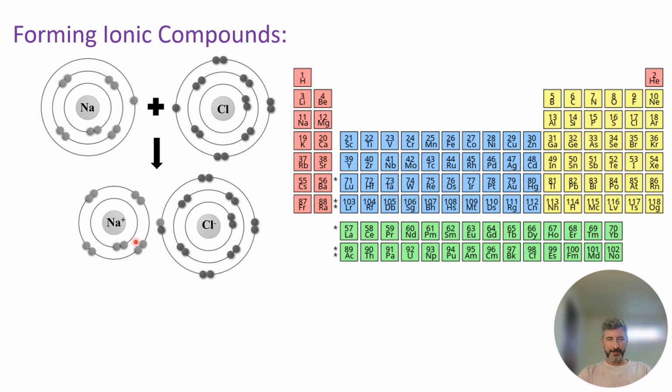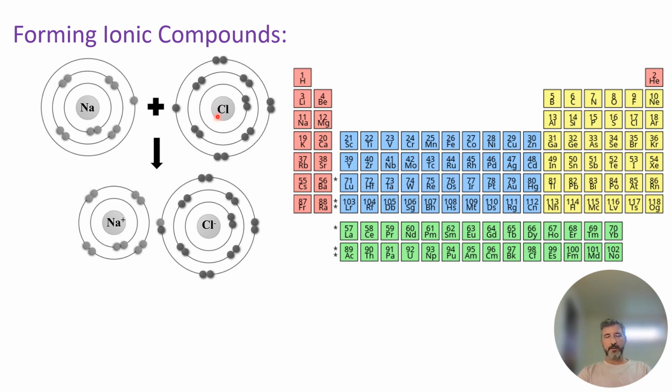And when it takes it, what we've done now is sodium, which has 11 protons before and after losing an electron, started with 11 electrons. So 11 protons, 11 electrons, that's why we don't see any charge written here. But now, after losing an electron, it still has 11 protons, so now it's only got 10 electrons and has a positive 1 charge.